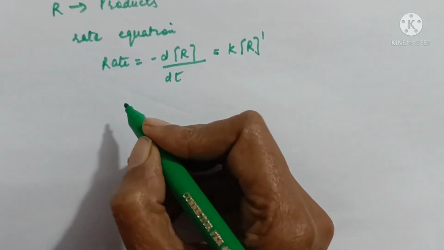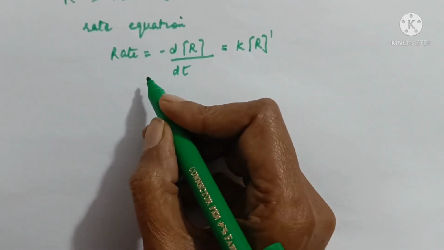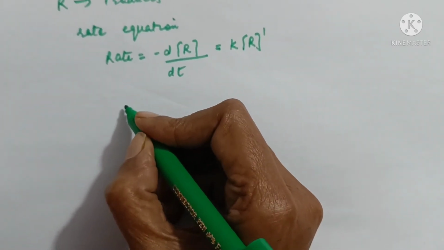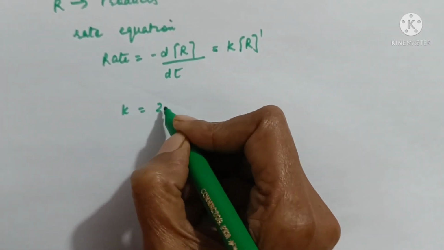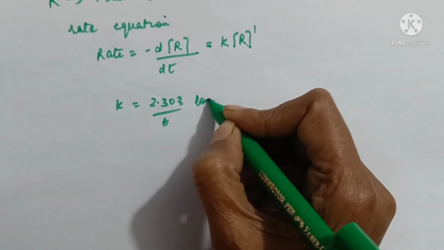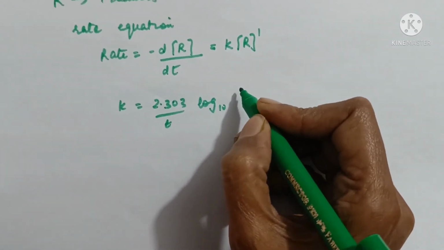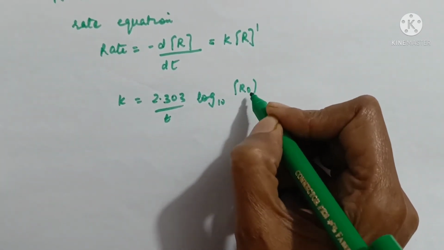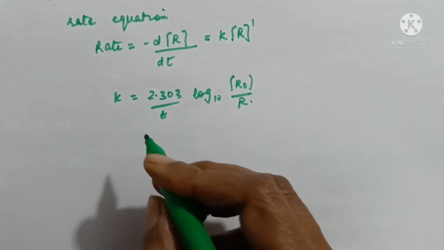And if we find the integrated rate equation for this reaction, we get k is equal to 2.303 upon t log to the base 10 of [R]0 upon [R].